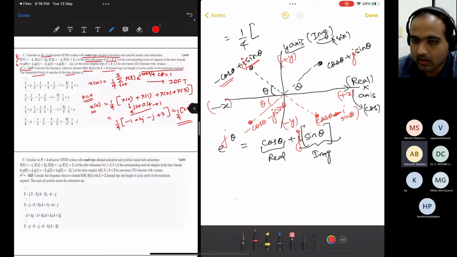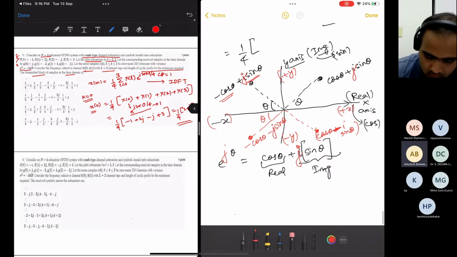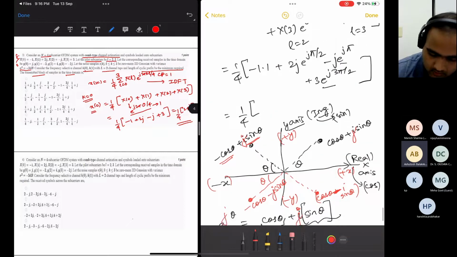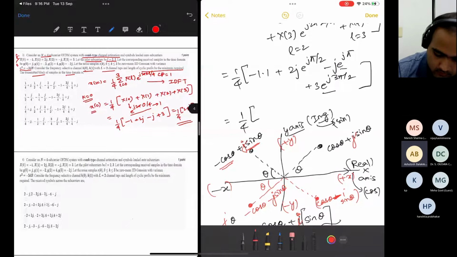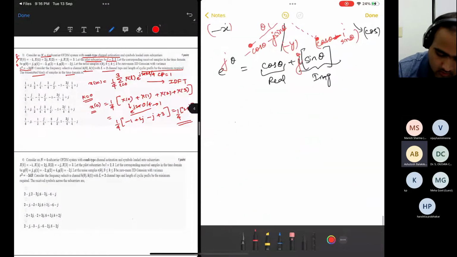Clear? Anyone else has this doubt? No? All right. So let me just solve this. For x1, it will be 1/4 times minus 1 times 1.